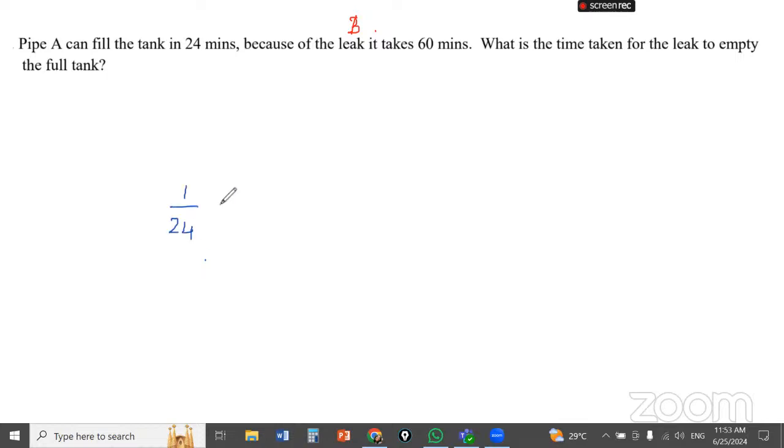So it's 1 by 24 minus 1 by B, because the leakage, we don't know how much we get. That is 1 by 60. That's 1 by B. So it is 120, the LCM.